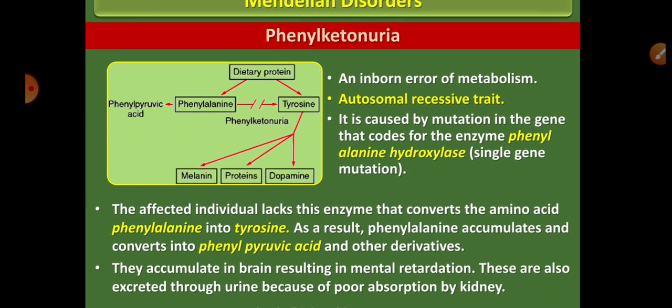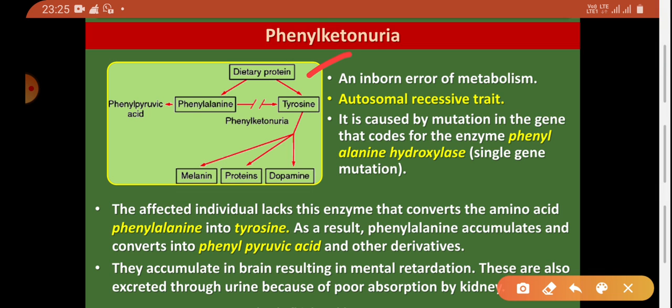As a result, phenylalanine accumulates and is converted into phenylpyruvic acid and other derivatives. They accumulate in the brain, resulting in mental retardation. These are also excreted through urine because of poor absorption by the kidney. So here we can see the dietary protein.